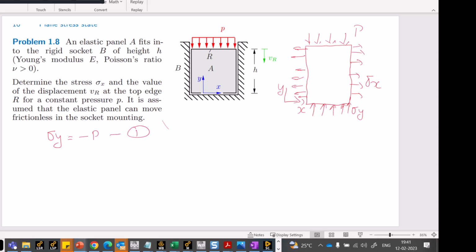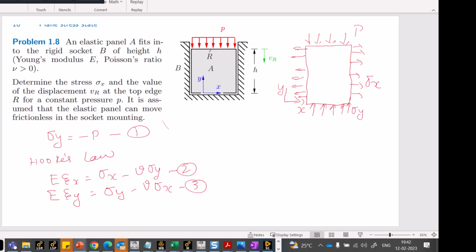Let's write it down as the first equation. Now if we put in Hooke's law, we will get E times strain in the x direction is equal to sigma x minus nu, this is Poisson's ratio, times sigma y. Let's call it equation 2. And E times strain in the y direction is equal to sigma y minus nu sigma x. Let's give this equation number 3.